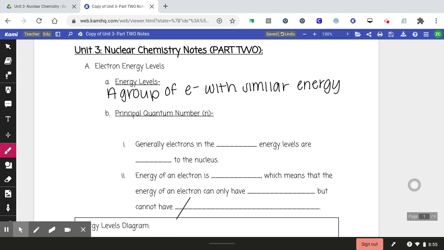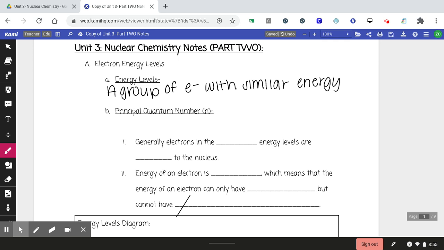We represent what energy level they are in with a principal quantum number, or a lowercase n. So instead of writing energy levels every time, we can say n equals 1, and that would tell us that our electron is in energy level 1. So this is the assigned energy level to a specific electron.